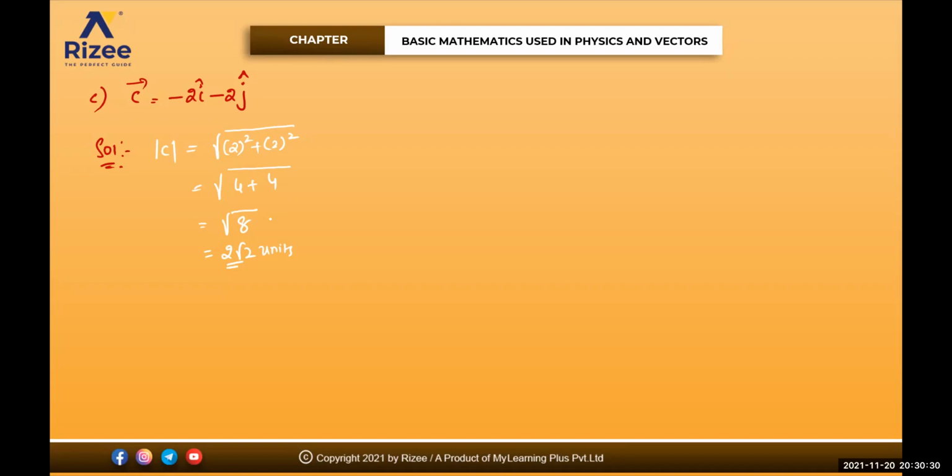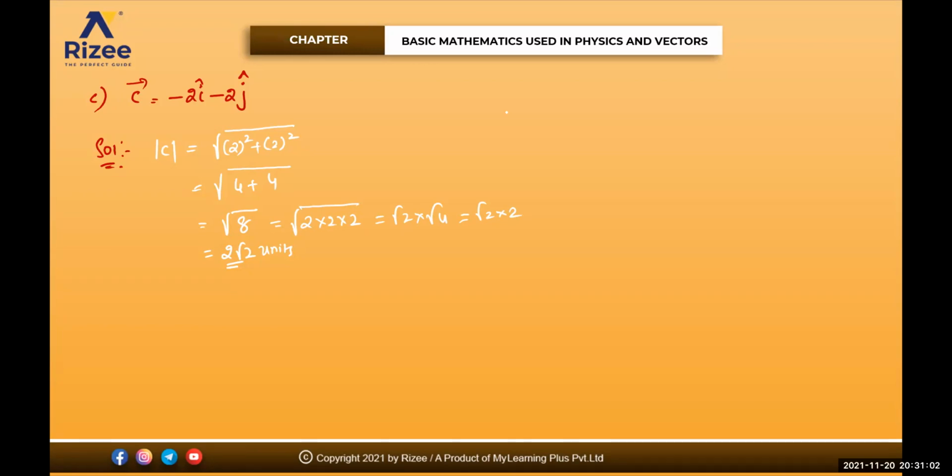Yes, 2 root 2, how? Look, beta. This is 2 into 2. That can be written as root 2 into root 4. Root 4 is how much? 2 only, isn't it? So it is root 2 into 2. Got it? Very good. 2 root 2 units.